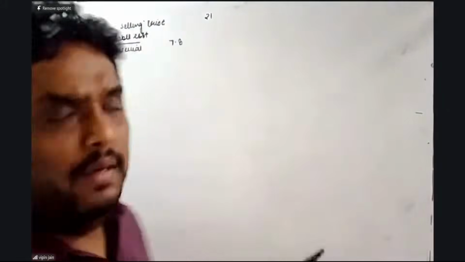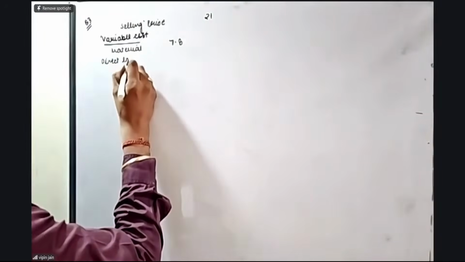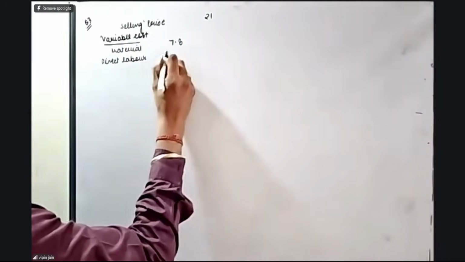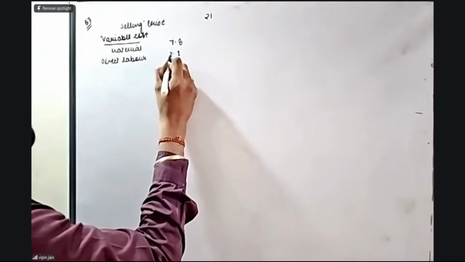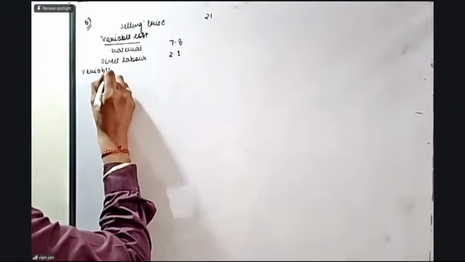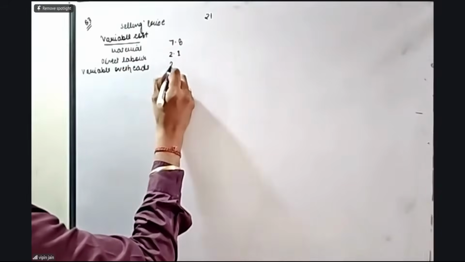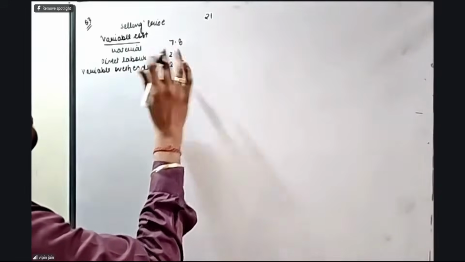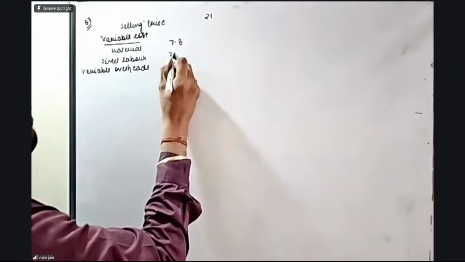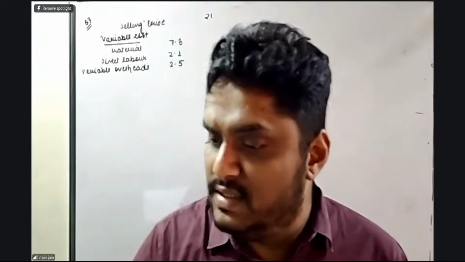Direct labor 2.1. Variable overheads are also given. Apart from this, selling and administration expenses are also given, that is 60 paisa.